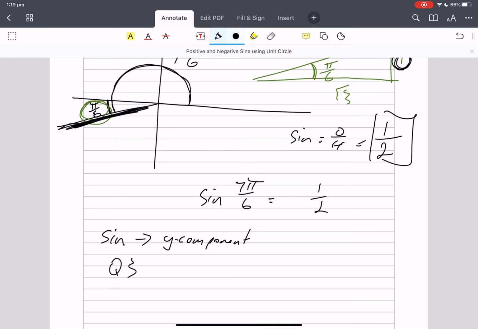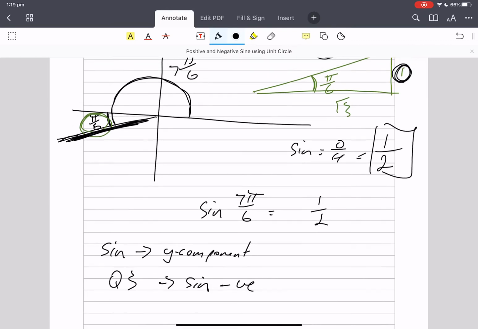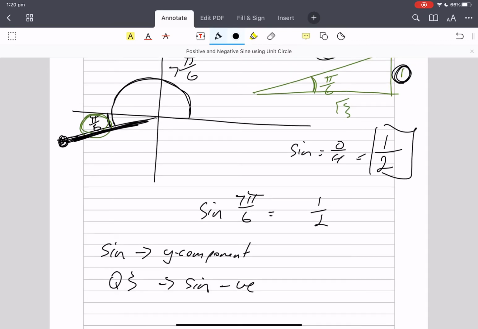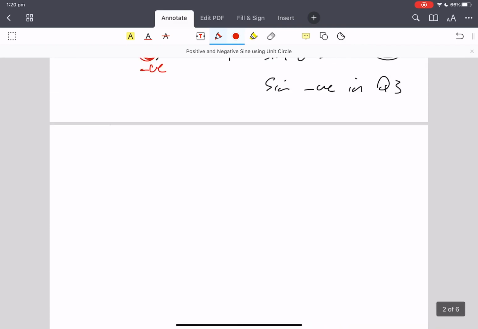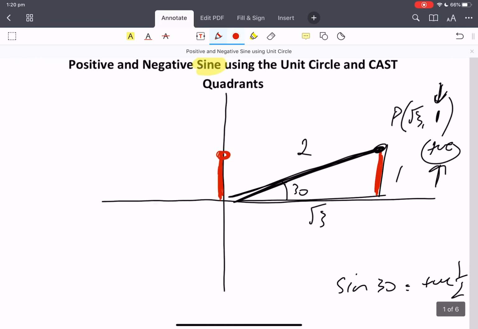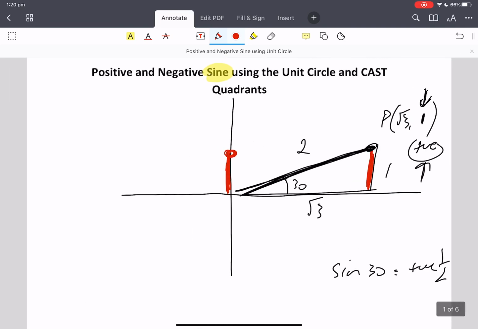In quadrant 3, sine is negative because down here, that y component is definitely a negative number. So my answer is not a half, it's negative a half. Okay, that's why and how it works. Make sure you understand that unit circle. Once you've got it nailed, you'll remember it for life.